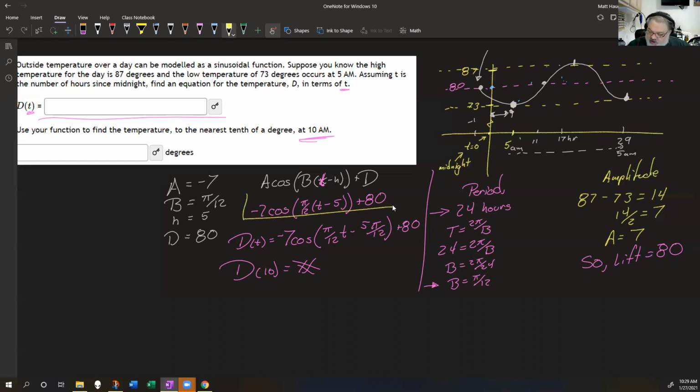And you could certainly use that equation to do it. I got 78.2 degrees. 78.2. Okay. That seems reasonable. So if 11 hours was at 80, that 10 hours being at a nice 78, I totally believe that.